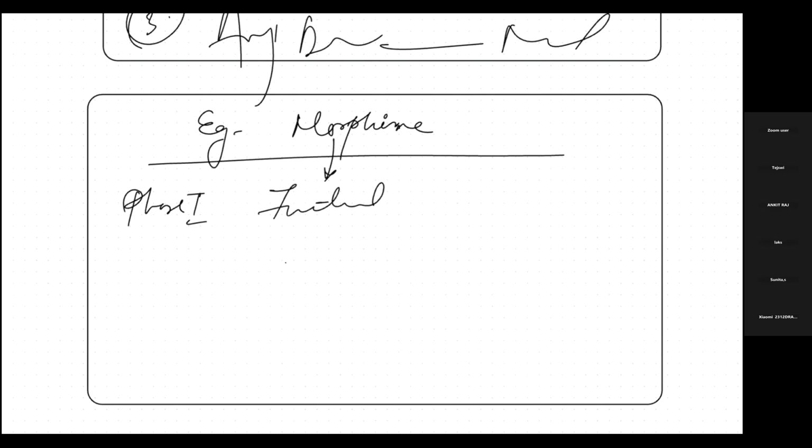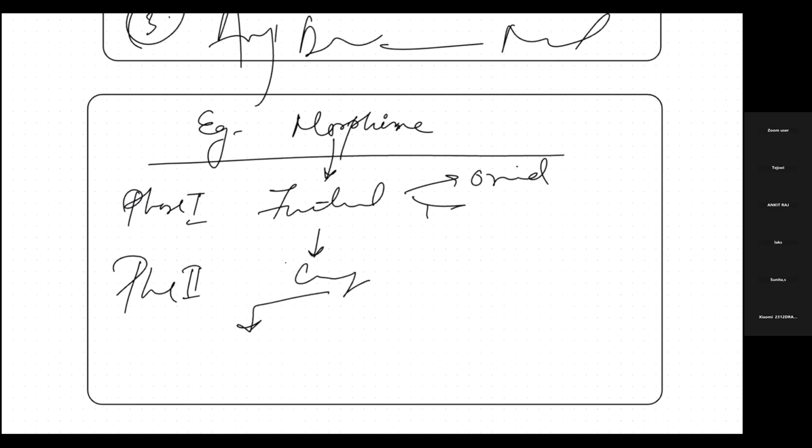So either oxidation, because we know there are total 5 parts: oxidation, reduction, hydrolysis, cyclization, or decyclization, isn't it? Either oxidation is done, or it will be demethylated, or any of them. And then if it is not getting eliminated, it will undergo phase 2, conjugation, where it converts into morphine 3 glucuronide or morphine 6 glucuronide.